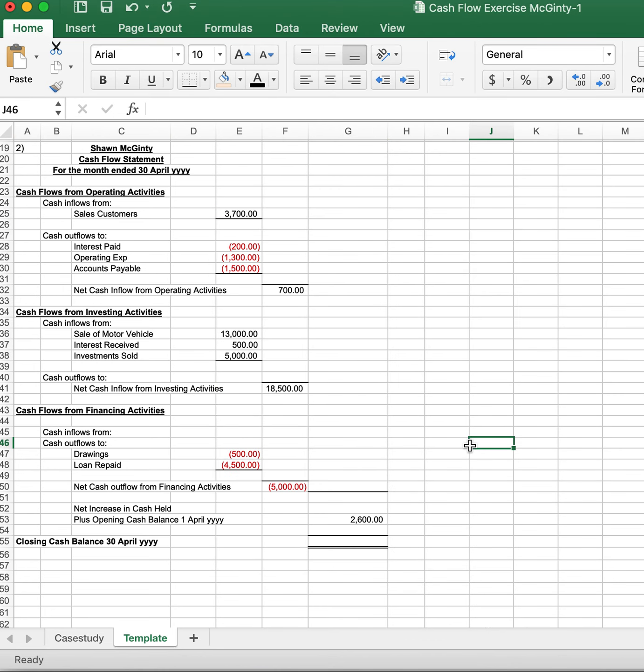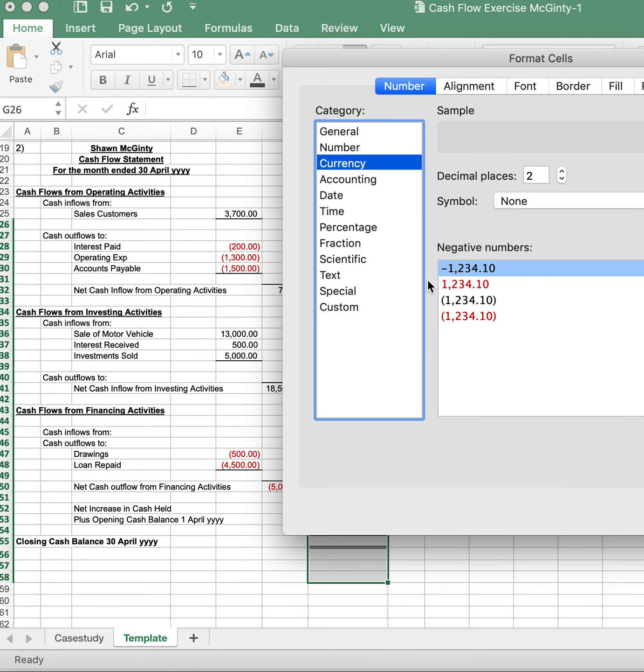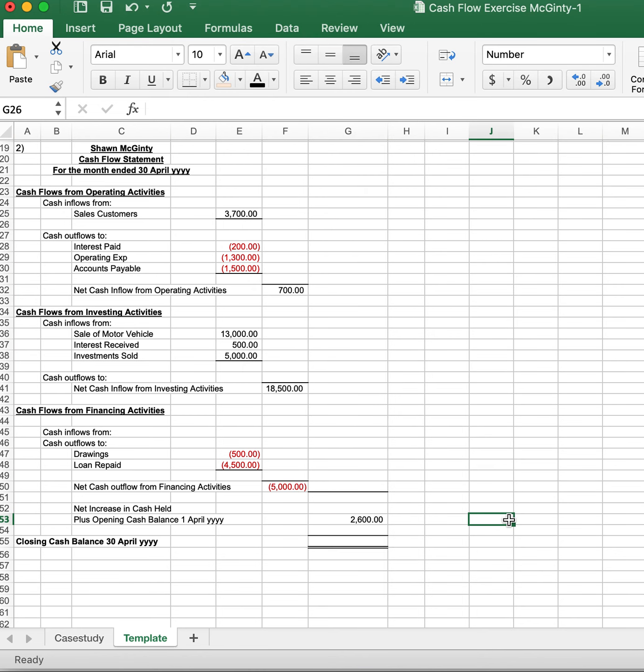It's quite handy. It's got a good presentation. So you can see the money coming in, money coming out. Do that again: format, cells, currency, and choose that one. Somehow missed it, I think. We'll get back to that anyway.